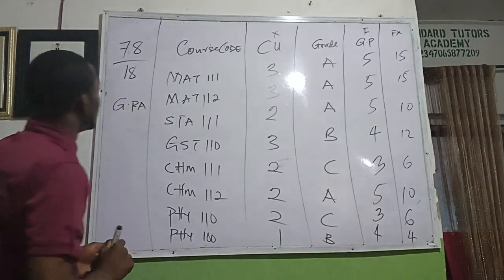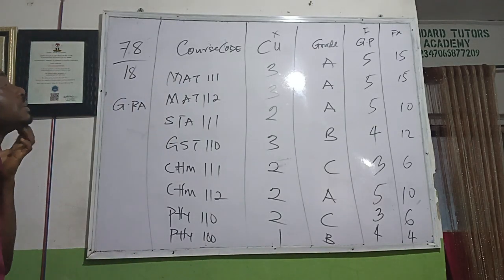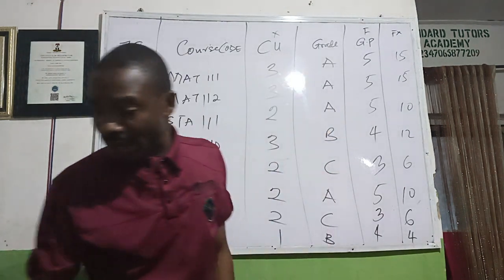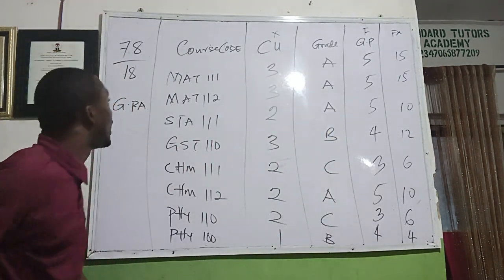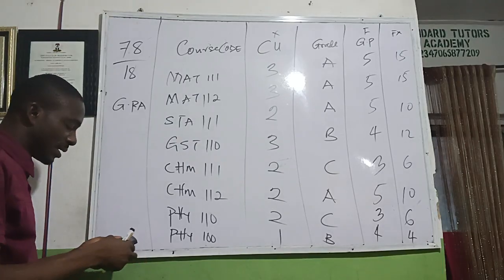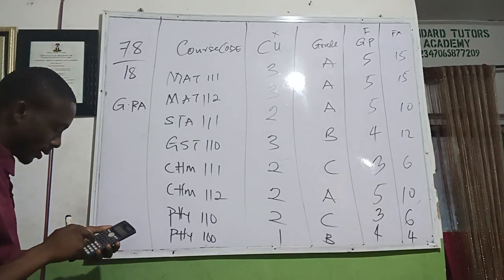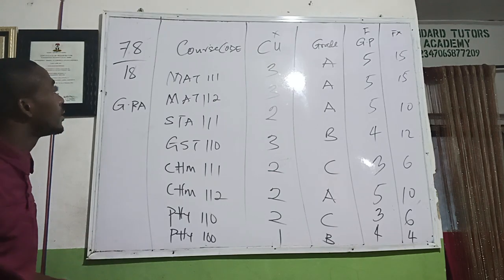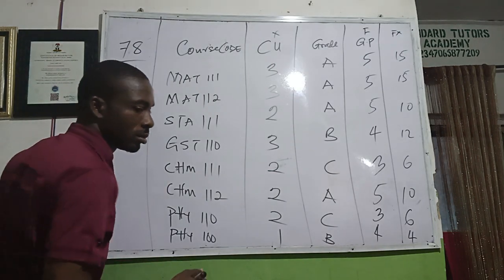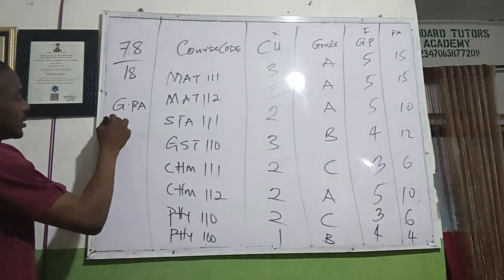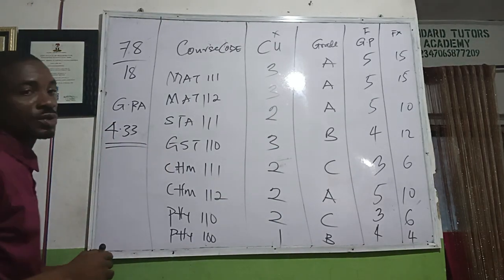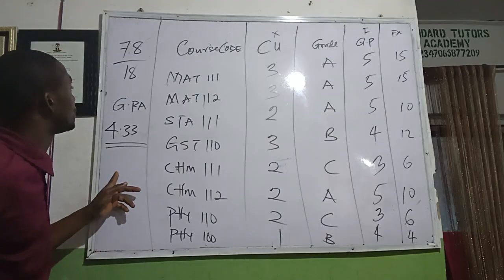So 78 divided by 18, you can easily get 4.33. This person got 4.33 as his own GPA.